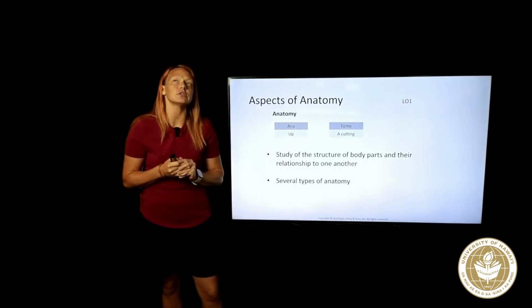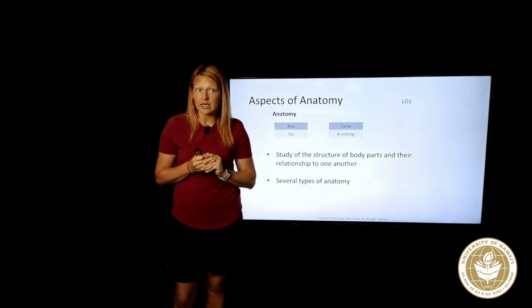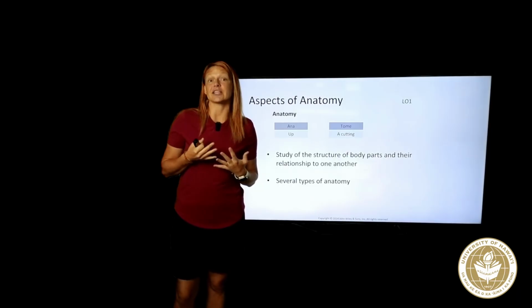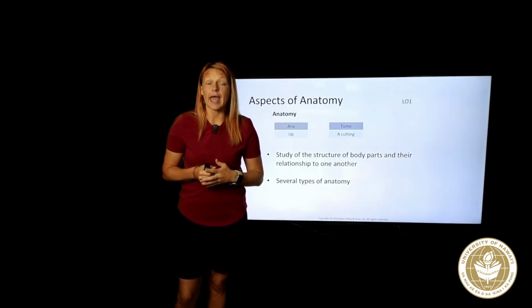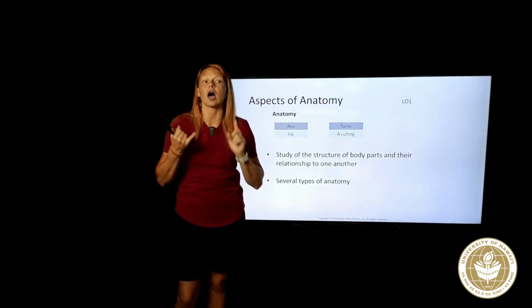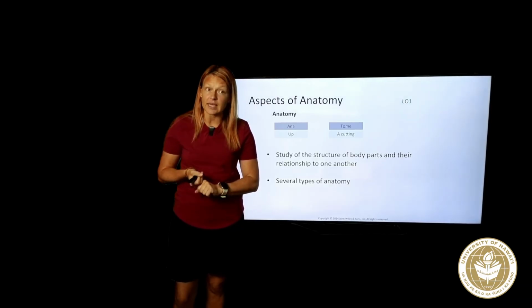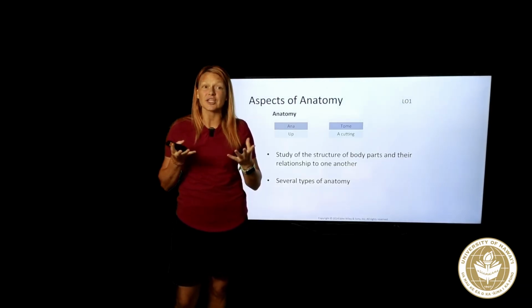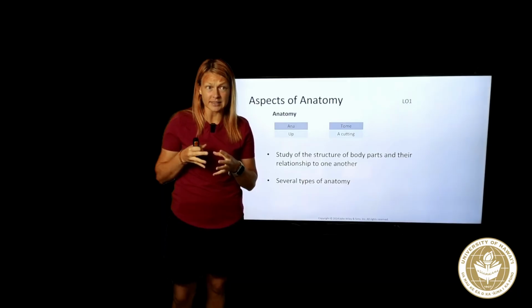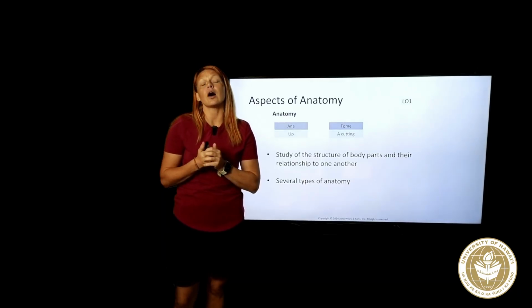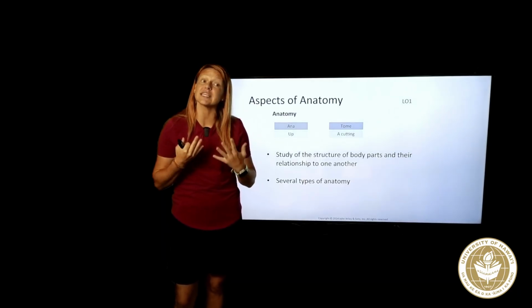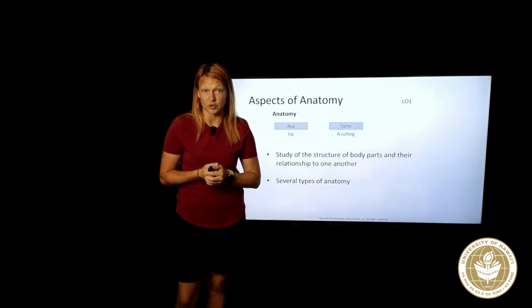In order to really study anatomy, you have to know anatomical terminology and be able to observe and manipulate and palpate, which just means to feel organs with your hands, and to auscultate, which just means to listen to the organ sounds using a stethoscope.